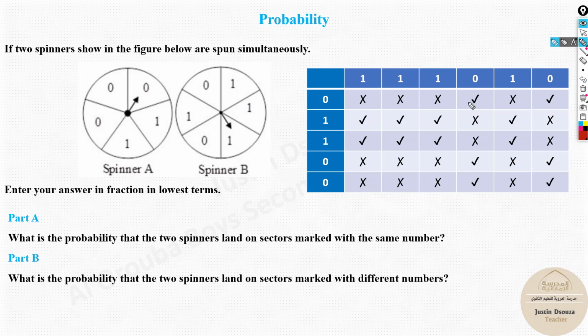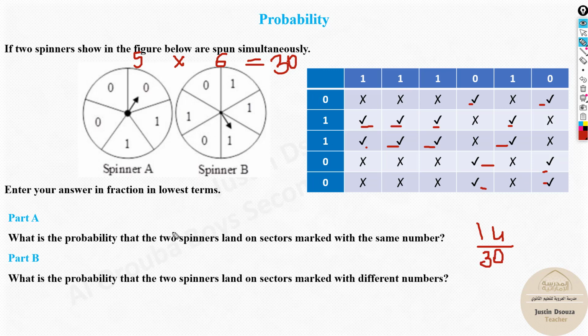That is all the tick marks. 1, 2, 3, 4, 5, 6, 7, 8, 9, 10, 11, 12, 13, 14. So there are 14 desired outcomes. And what is the total possibilities? So 1, 2, 3, 4, 5, and there are 6. So 6 times 5, there are 5 possibilities over here and 6. Just multiply them, you will get the total possibilities. Or you can count all of them over here, it'll be 30.